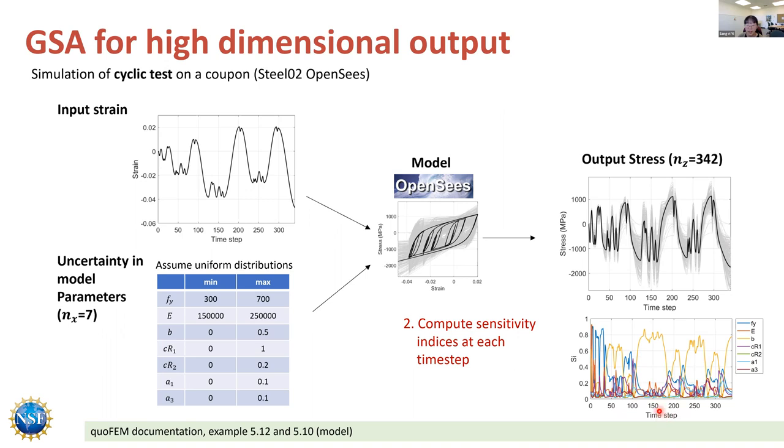By doing so, we can learn more insight about our model. For example, by inspecting this figure, we can notice that there are some time ranges where one of the parameters stands out. And this is the strain hardening ratio of the material model.